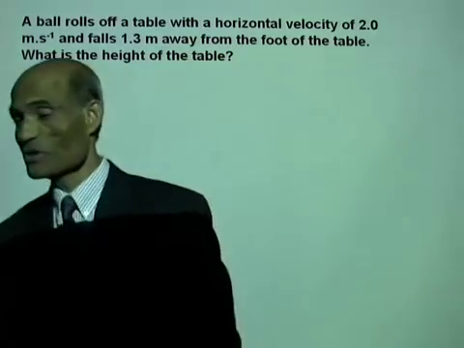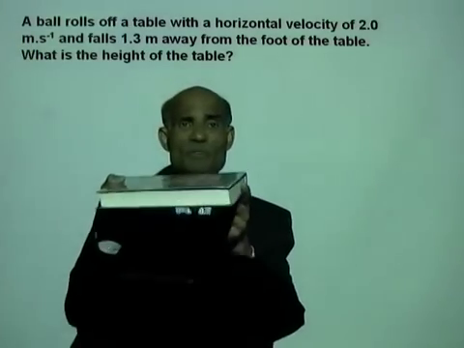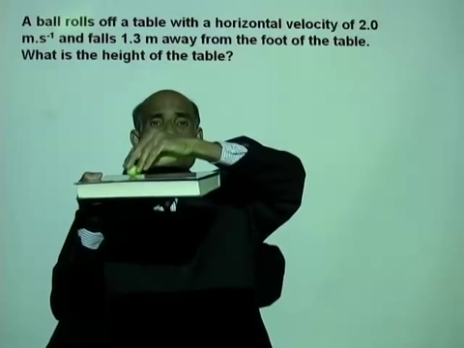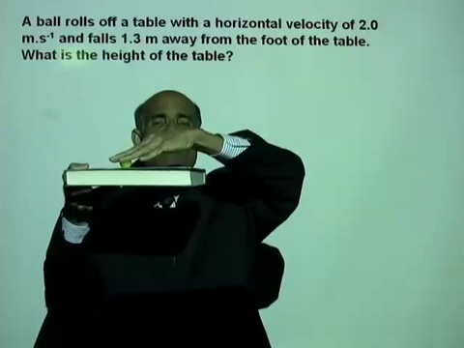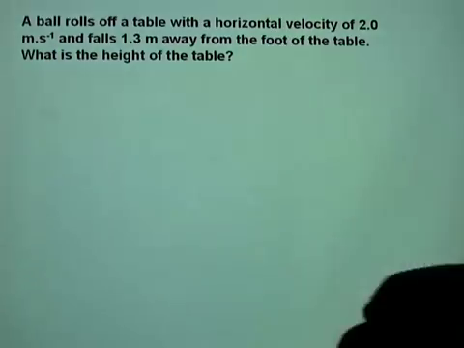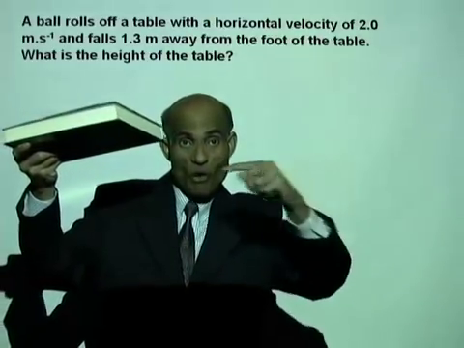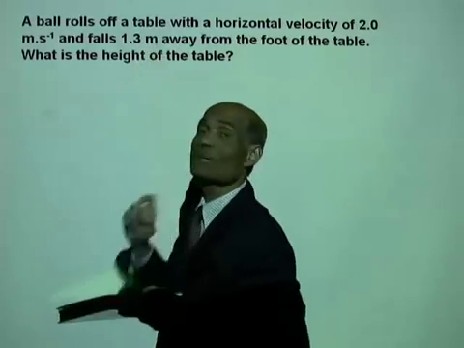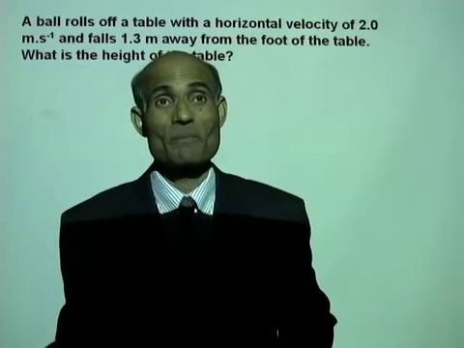So the question we have here is that you have a table, and a ball rolls off that table. If I roll this ball, it rolls off the table and goes and falls at a distance x equal to 1.3 meters away from the foot of the table.